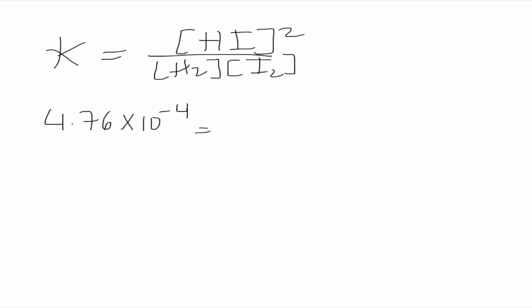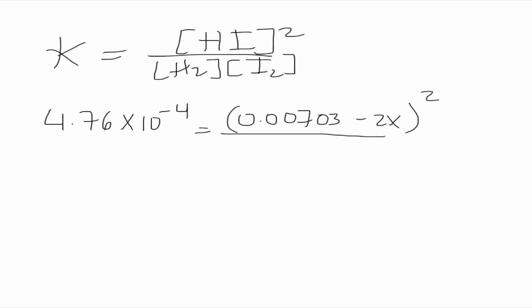And then we plug in the values. We have at E, 0.00703 minus 2x squared over 0.0432 plus x twice, so we can just put it squared as well.